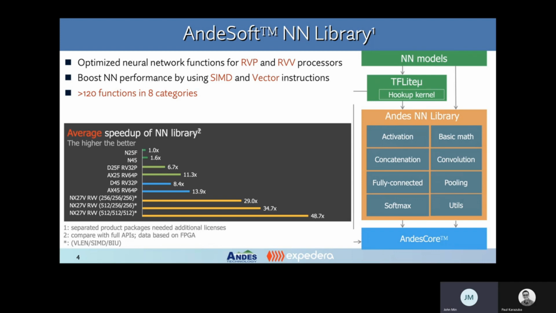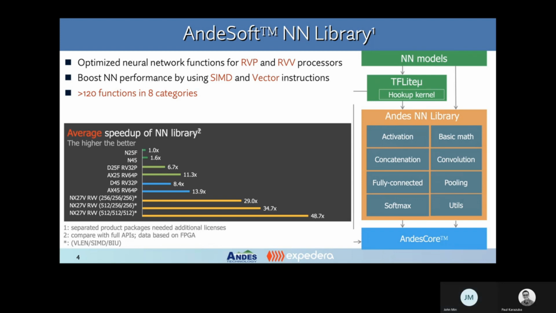We do expect acceleration of about 6 to 10 times using the DSP SIMD instruction set, the P extension, in RISC-V. When using the V vector extension in RISC-V, we could get acceleration up to about 50 times. Now, this isn't in the class of acceleration that Expedera, a dedicated engine, could provide, but depending on your usage model, this may provide enough function for some of the lightweight AI computations.